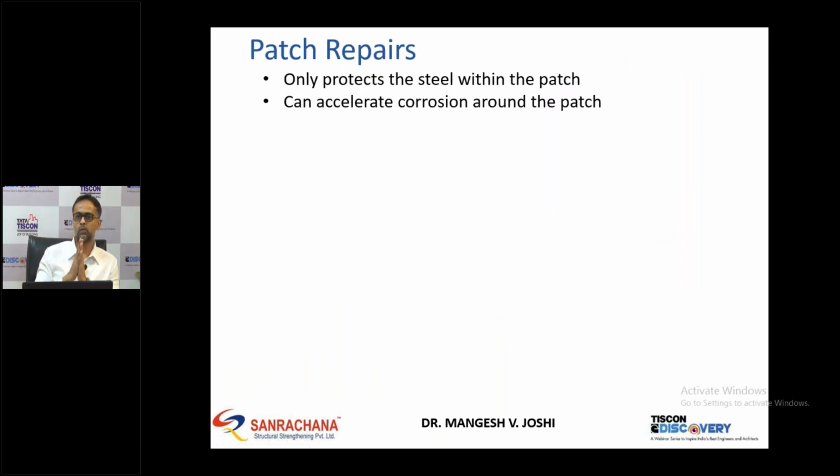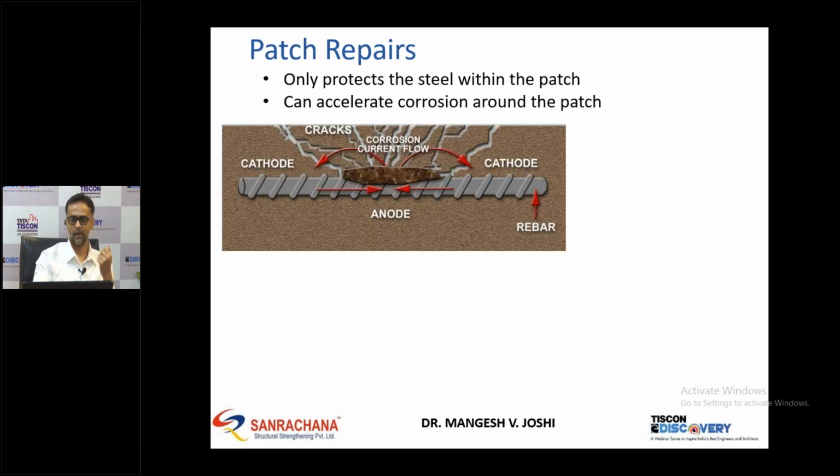But we need to know what happens when we do patch repair. Normally when we do patch repairs, it only protects the steel within the patch, and in the process it can accelerate the corrosion around the patch, typically like this.